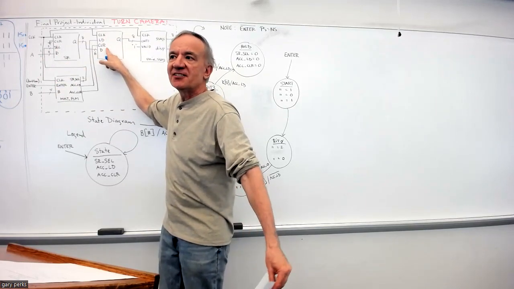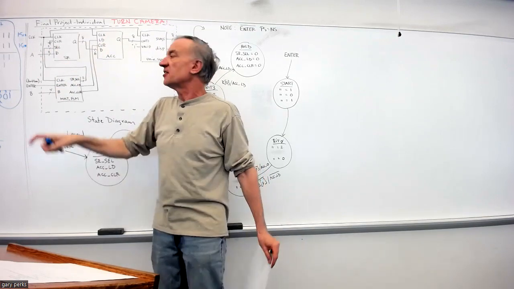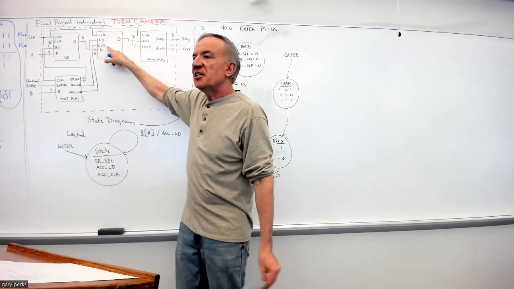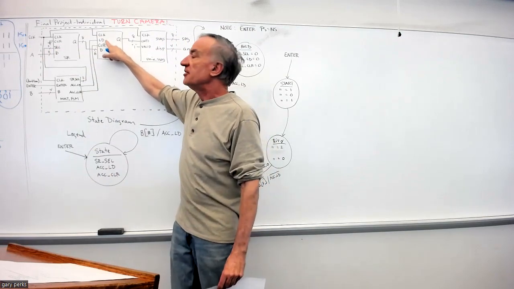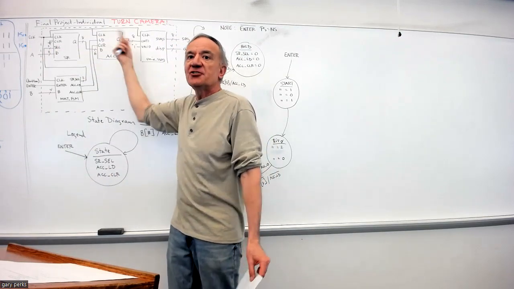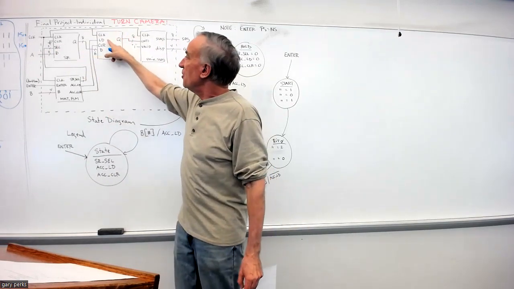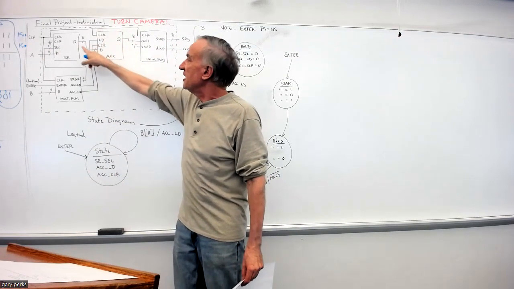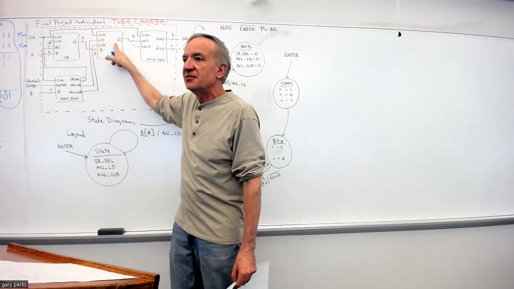Clear is the same as reset. So what happens when you reset something? Zero. Yeah, the outputs just go to zero. So this accumulator, if you're not clearing it, it's doing one of two other things. You're either loading it or it's just remaining the same, if you're not loading it. And when you load this accumulator, it's going to take whatever's at the output of the shift register and assign it to Q.